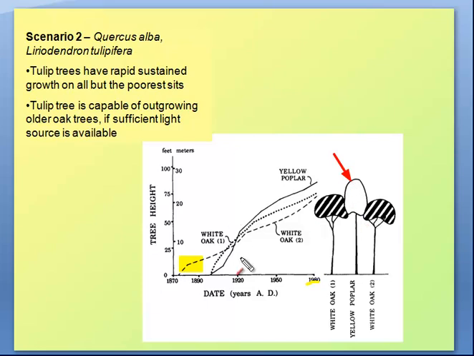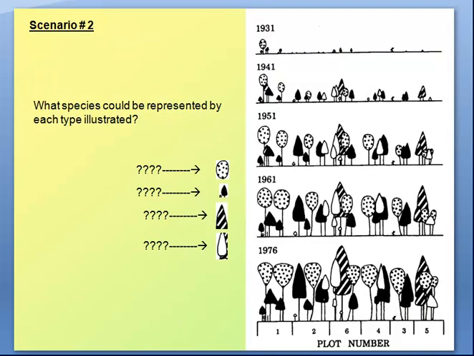Again, you look at the planting and the way the trees grew, the tulip trees were capable of outgrowing the older oak trees if sufficient light was available, and that was the case here. So it gets complex when you get into a variety of rates of growth.